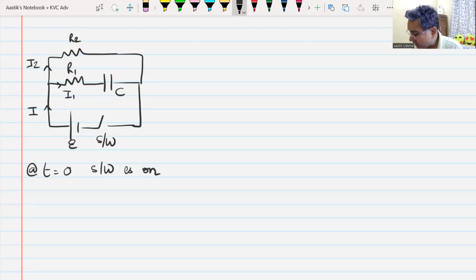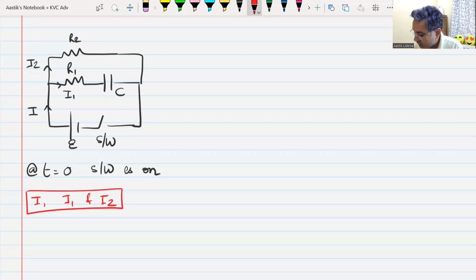As soon as you put the switch on, you have to tell me the value of I, I1 and I2. As soon as the switch is switched on, everything is initially uncharged, the capacitor is initially uncharged.